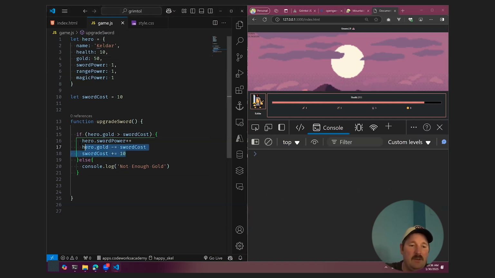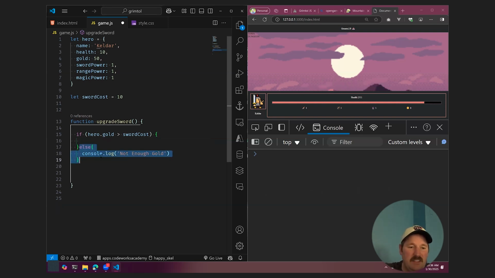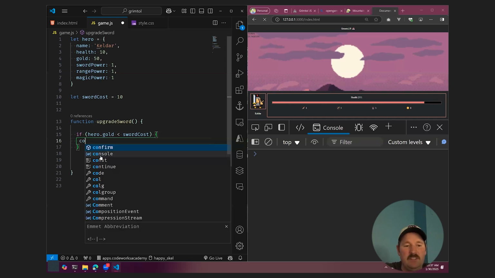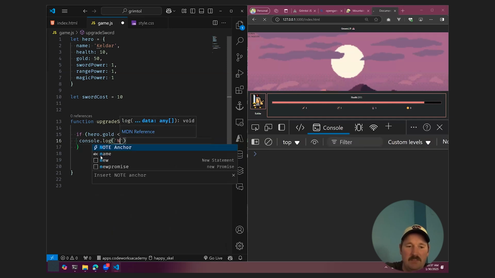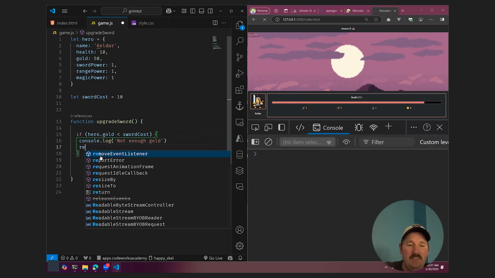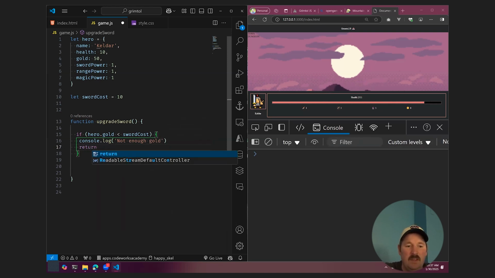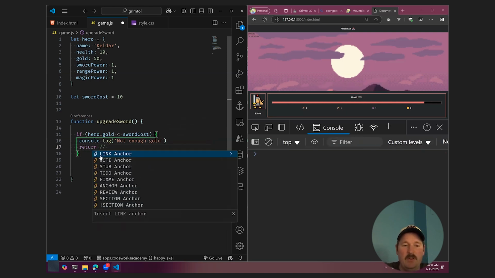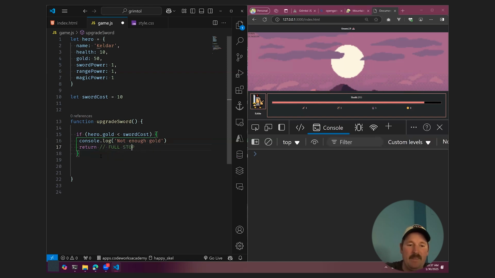Another thing that we can do, this is called inverting the if, is we basically get rid of all of this stuff and we say, if I don't have enough gold, let's put in our console log and say not enough gold. And then let's return. And the thing about return is you have to remember full stop. This is a comment. This is like a note to developers.